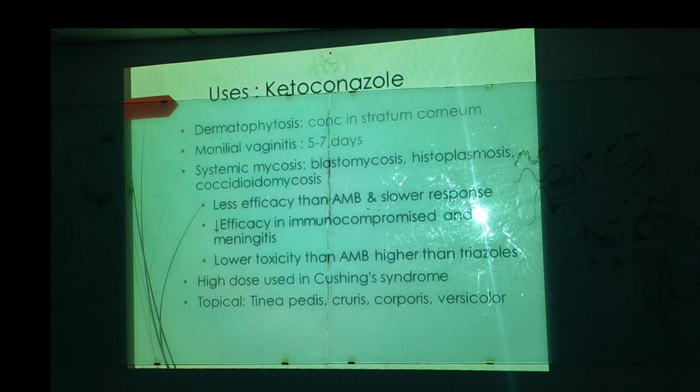Ketoconazole is less efficacious than amphotericin B, and it has a slower response. There is decreased efficacy in immunocompromised patients and in meningitis. However, the toxicity is lower than amphotericin B, but higher than triazoles.